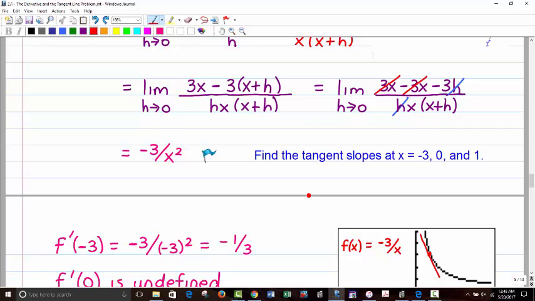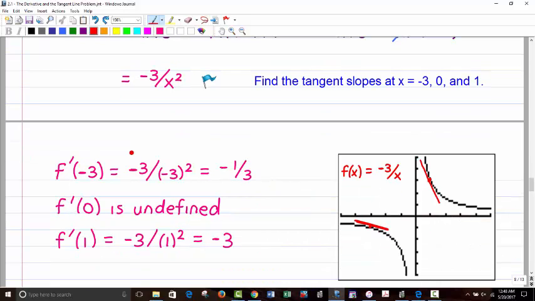And then, of course, find the tangent slopes at -3, 0, and 1. That's the same as saying find f prime of -3, f prime of 0, f prime of 1. F prime of -3 gives you a slope value of -1/3. So you see right there, that looks about right for a slope of -1/3. F prime of 0 is undefined.